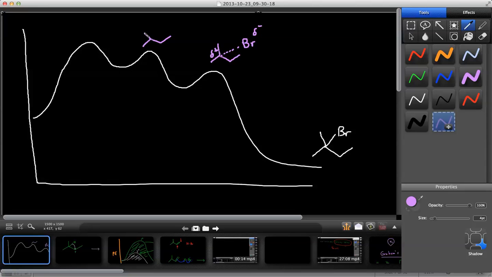In the second transition state, I'm showing a rearrangement of the hydrogen from carbon 3 to carbon 2. And this carbon will have a partial positive charge. Hydrogen would have a partial negative charge.